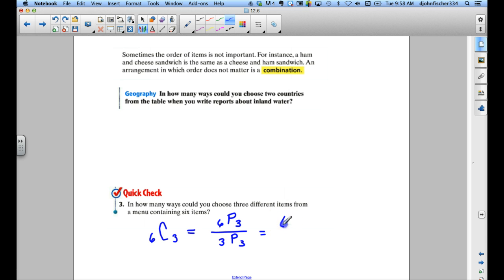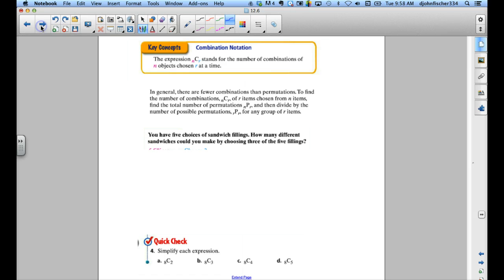What that means is you're going to take 6 times 5 times 4, take 3 numbers, starting with 6. Now we're going to take 3 numbers, 3 times 2 times 1. Then we're going to get the 20 options out. And we got the combinations as you go through. And so here's the formula for combination, nCr.